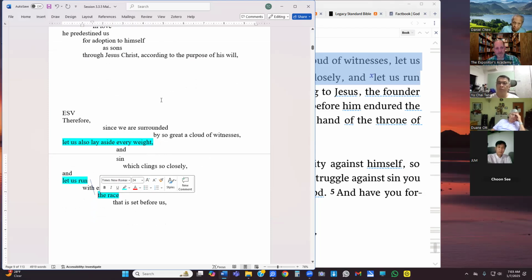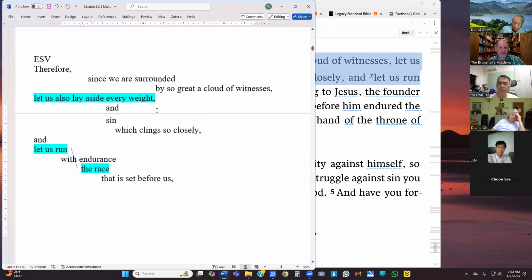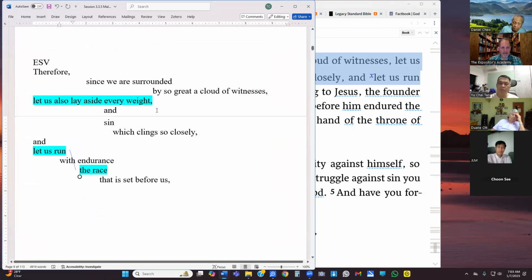So here in the ESV translation, he's making two statements. And I don't know if we'll get to it today, but I was going to talk about the conjunctions. We have a coordinating conjunction here, so it's connecting two grammatically equal statements. In this case, it's connecting this independent clause with this one.